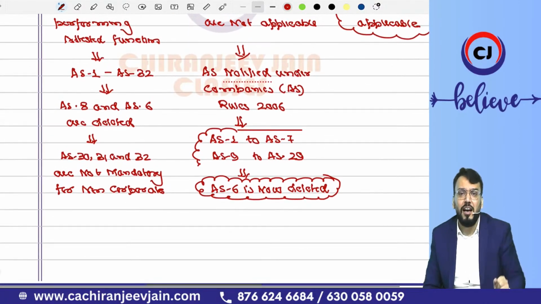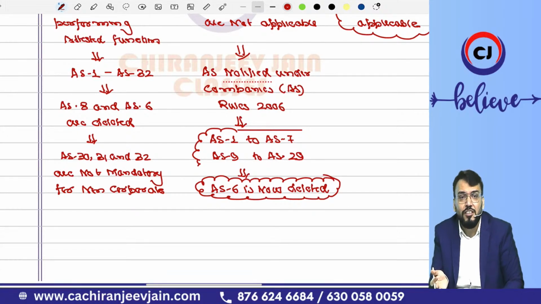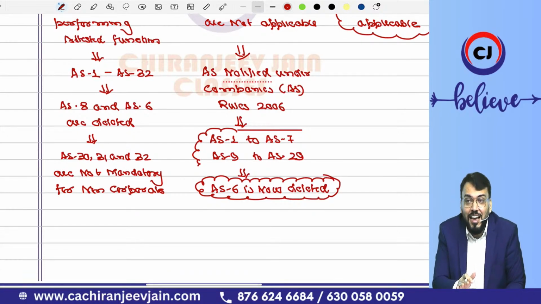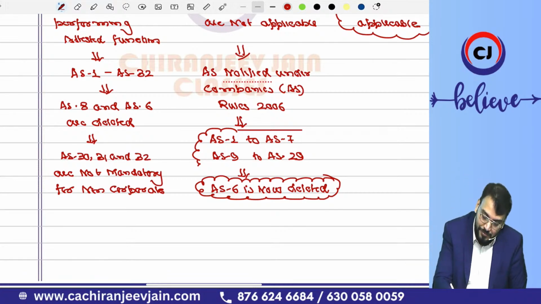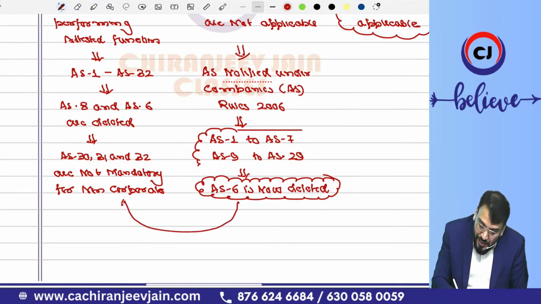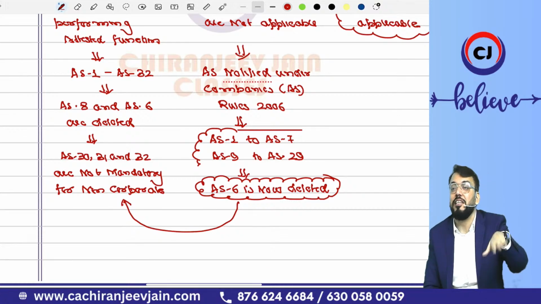Now one question will be asked: what is the difference between AS issued by ICAI and AS notified under Companies Accounting Standard Rules 2006? No difference. Initially there was a difference, but now that difference has been eliminated.